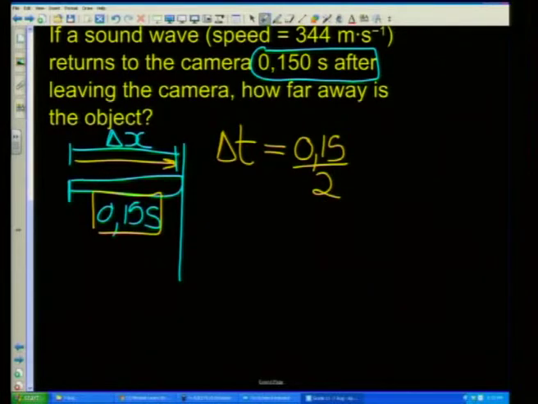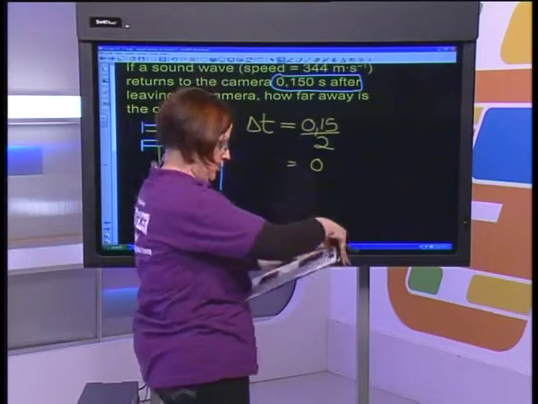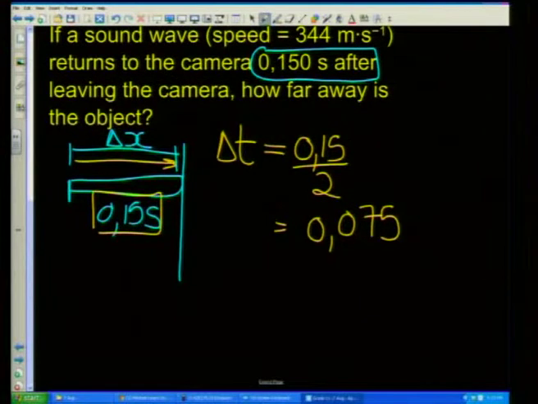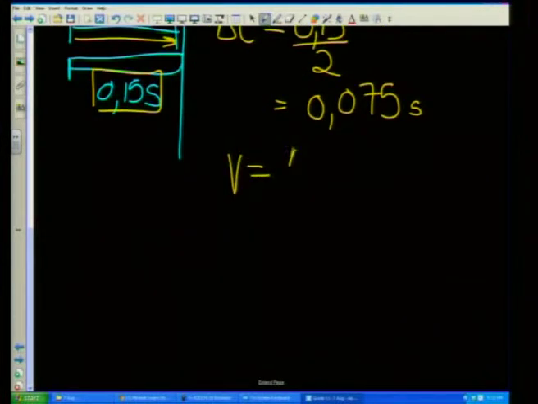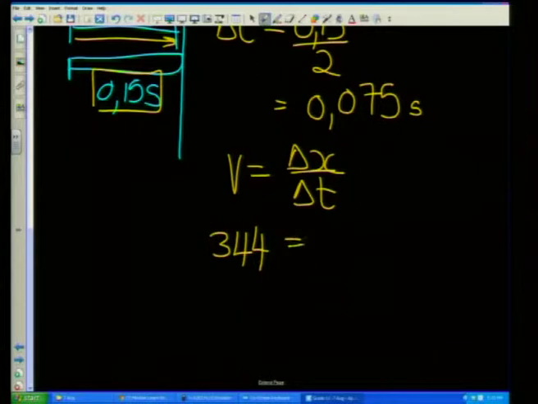Sorry, it's been a long week, I can't even do this one in my head. That would be 0.075 seconds. We know the speed, it's 344. So if v is delta x divided by delta t, we want delta x.